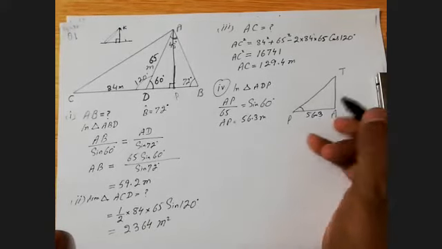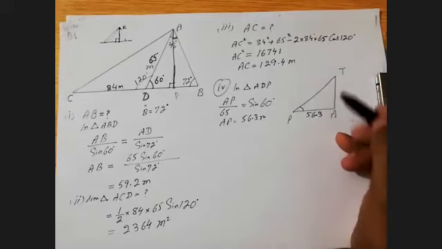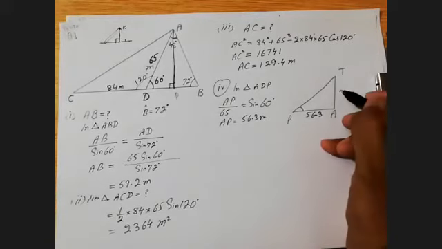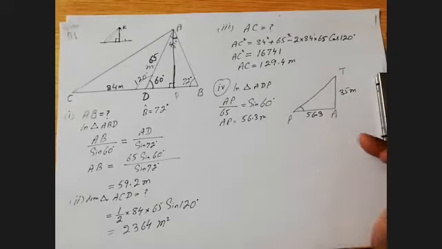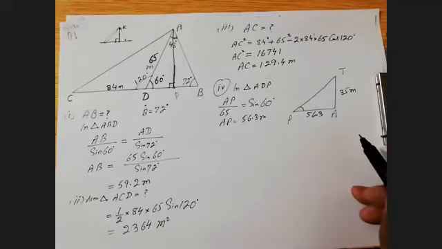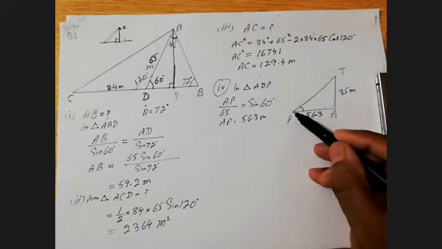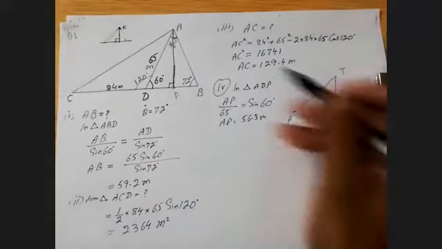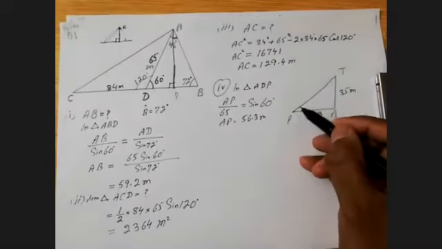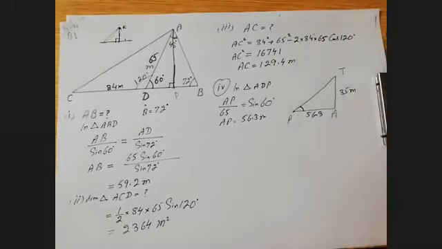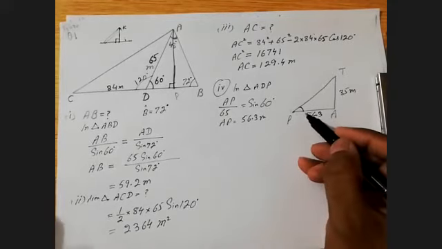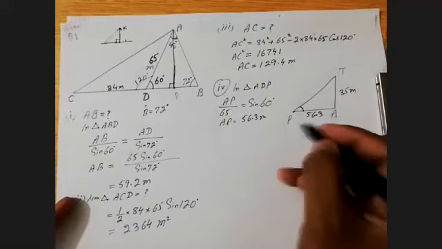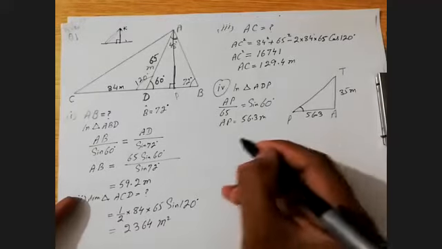And the height of the tree is given, which is 35 meters. This is given in the question. Now you have to find out the angle of elevation. It means when you are standing at P and you are looking at the top of the tree, which is standing at A, you have to find out this angle of elevation. Obviously, to find out the angle of elevation, you have to apply the tangent.